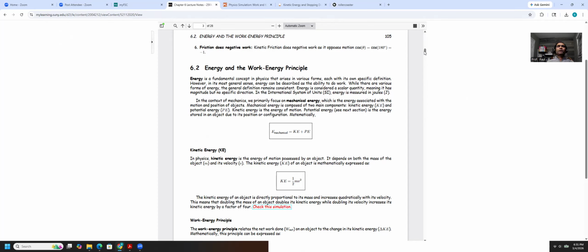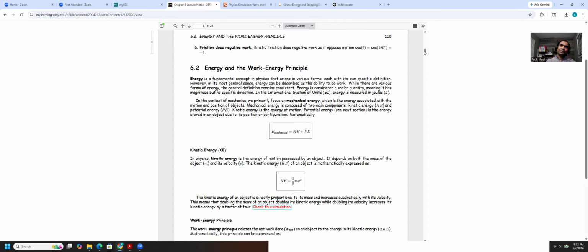Okay, so what is the simple definition of energy? Because we have different types of energy, of course different types of energy have different definitions. So we don't give you a unified definition for energy. Okay, but in simple words, energy is actually the ability to do work. If you have energy, you can do work.